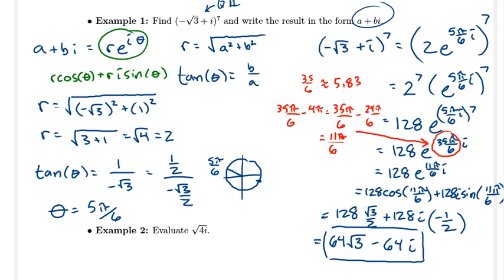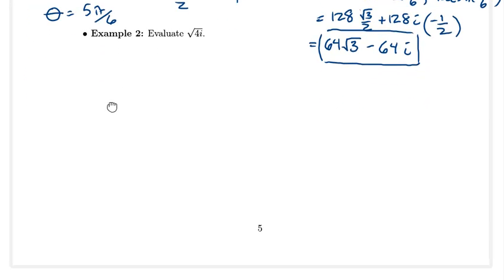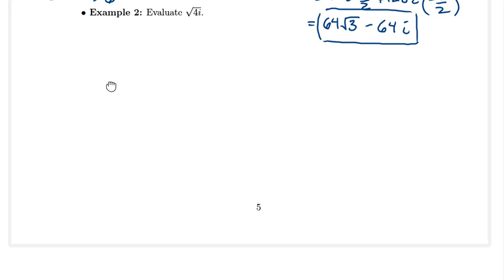In this next example, we're going to take a look at a root of a complex number. So we've got the complex number 4i, and we want to take the square root of it.